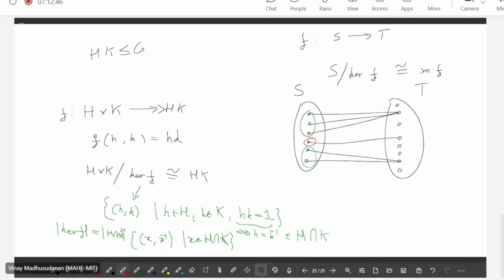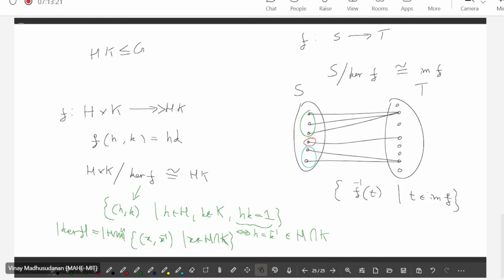So it's a partition. That means if I consider the set of pre-images of the elements of the image, because I don't want an empty set here, then that partitions S. Is that correct?